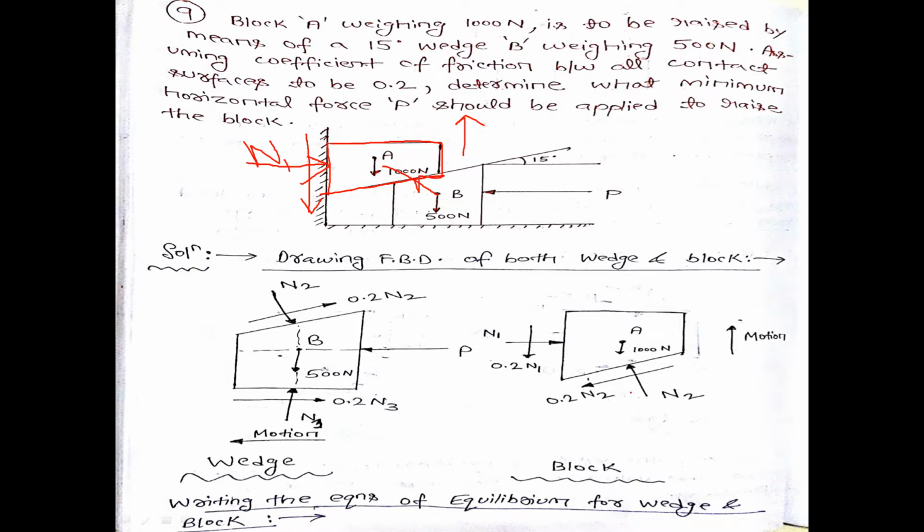Since block A is moving upward, at the contacting surface of block A and wedge B, the motion of block A will be in this direction, so the frictional force will act in this direction, which is 0.2 times N2. So this is the final FBD of the block. Any doubt in the FBD part of the wedge and the block?